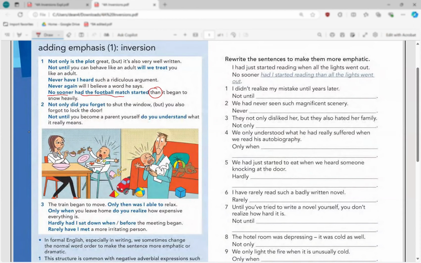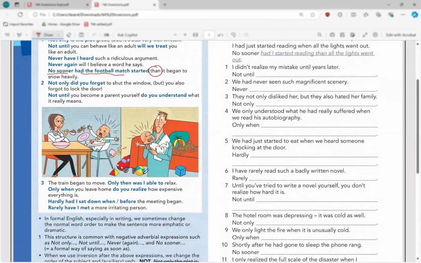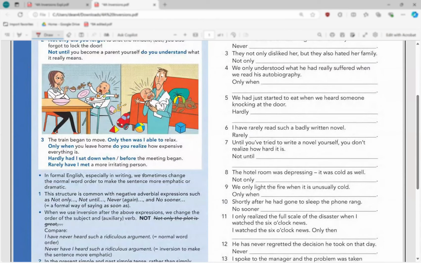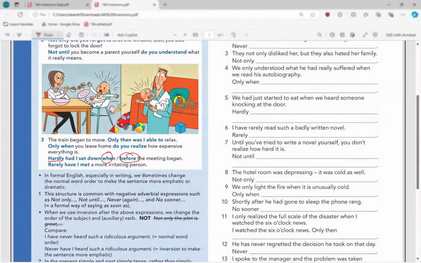Then there is another paired inversion here, and that is hardly, when or before. Hardly had I sat down when the meeting began. These two are important to remember, so we should memorize this. Otherwise, we might forget it.